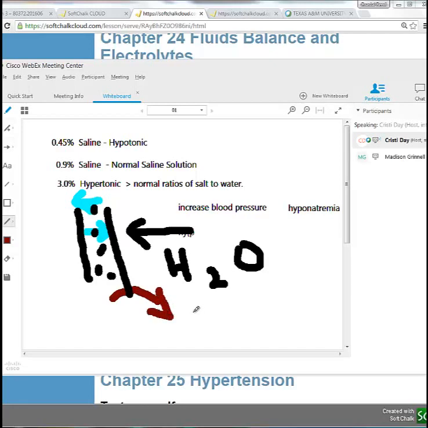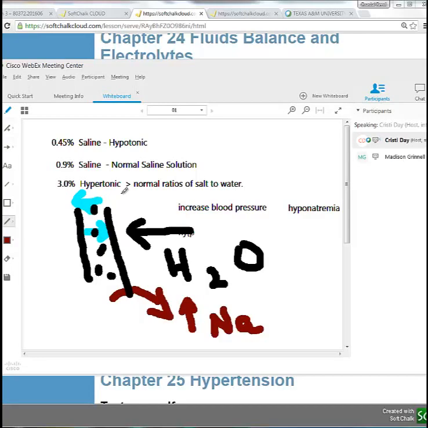Now outside, they have more salt than they have inside the vessel. They got more out here, and so now the water is going to follow the salt. Now it's leaving the vessel and going into the tissues. And then this will lower the sodium levels inside the vessel, and it will increase the water outside of the vessel. So that's pretty much what you need to know about solutions.